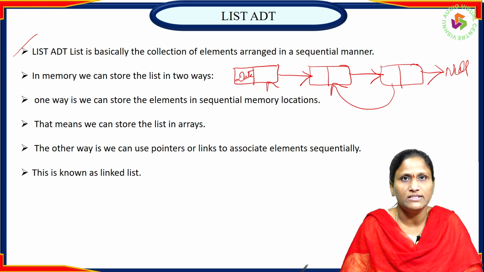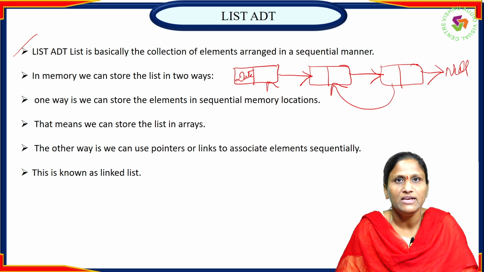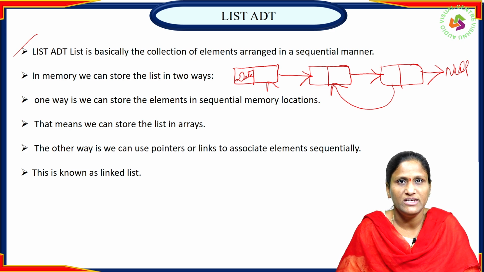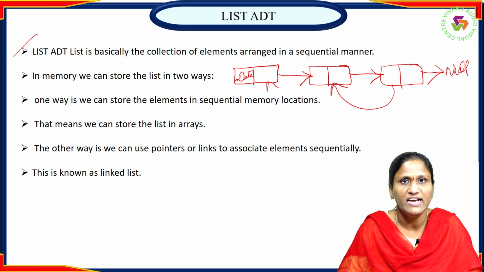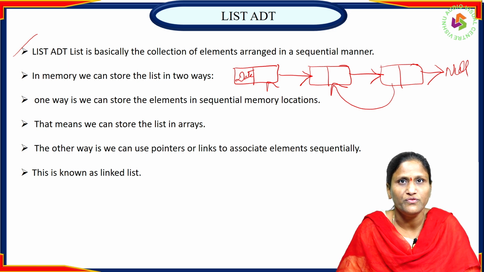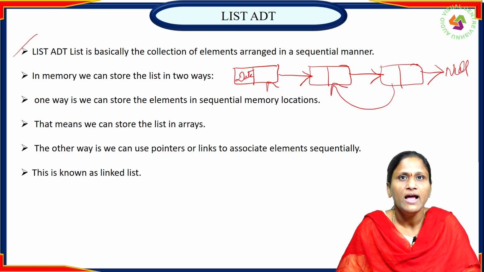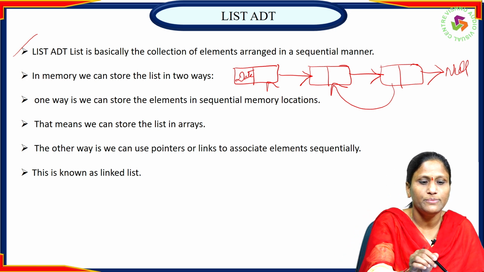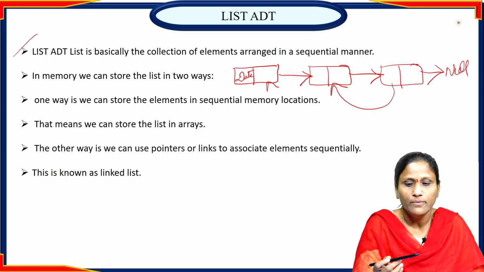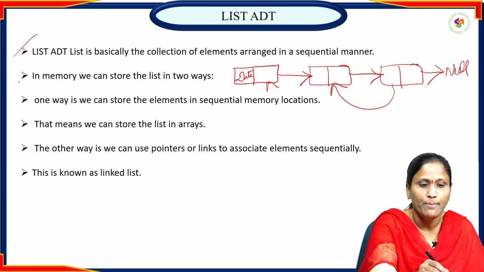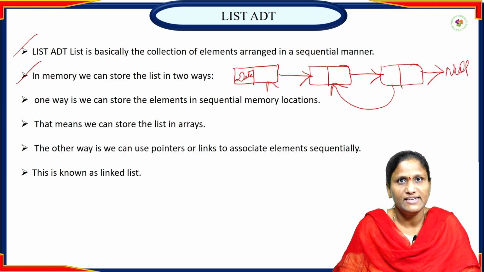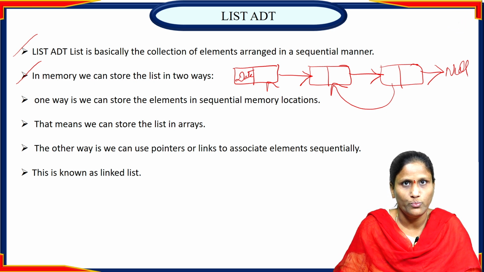So list is nothing but a list of elements which are interconnected to each other, and the list contains nodes, and each node contains two fields. One field is the data field and another field is the pointer field. The next point is that in memory we can store the list in two ways.